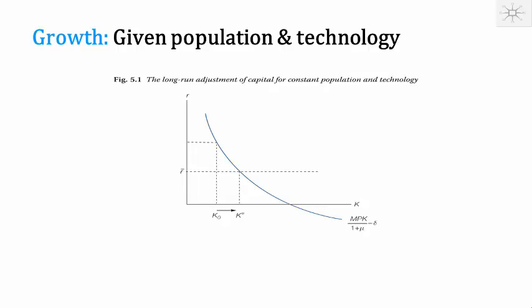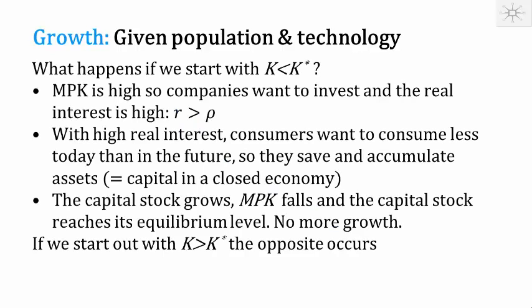And similarly, if we start off with a very high capital stock, the marginal return on investment is low, and there will be relatively little investment, and the capital stock will fall. So that's what we say here. With a low capital stock, there's going to be a lot of savings and investment.